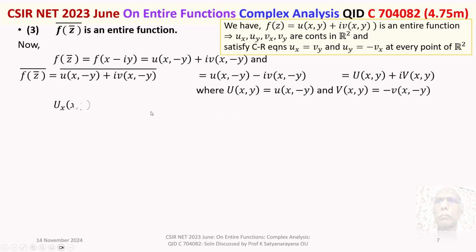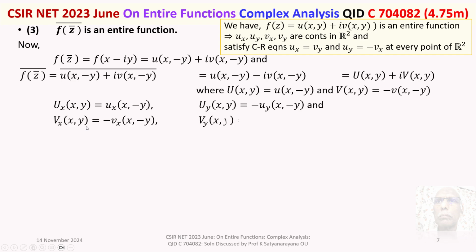Right. So, the first order partial derivative of capital U with respect to x: you go to capital U, differentiate partially with respect to x, small u x at x comma minus y. Capital U partial derivative with respect to y is u y, differentiate partially with respect to y at x comma minus y; the derivative of minus y with respect to y is minus 1. So, you will get a minus.